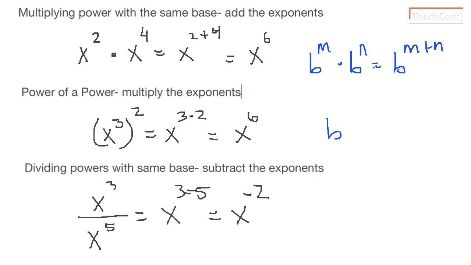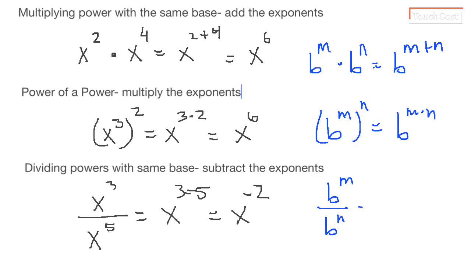If we have a base raised to a power of m, and then we raise that expression to the power of n, we have that base to the power of m times n. If we have a base raised to the power of m over the same base to the n, we subtract m and n. Let's look at a couple examples and then we'll call it quits on this video.